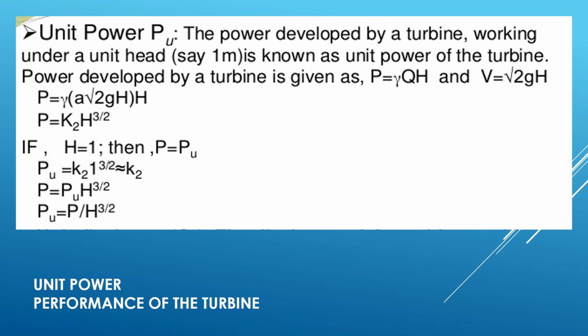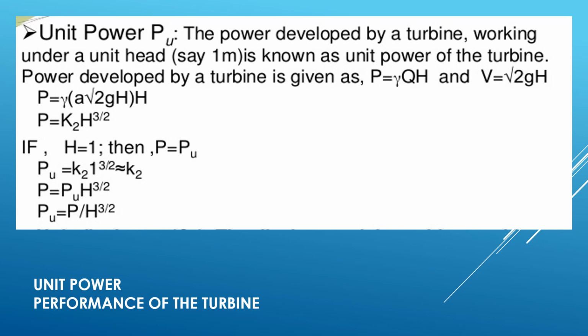Similarly, the performance of the turbine for 1 meter head, that is unit power. So the power developed by the turbine working under the head of 1 meter is known as unit power of the turbine. So we know P is equal to WQH where V is under root of 2gH. So that becomes K2 into H to the power 3 by 2.